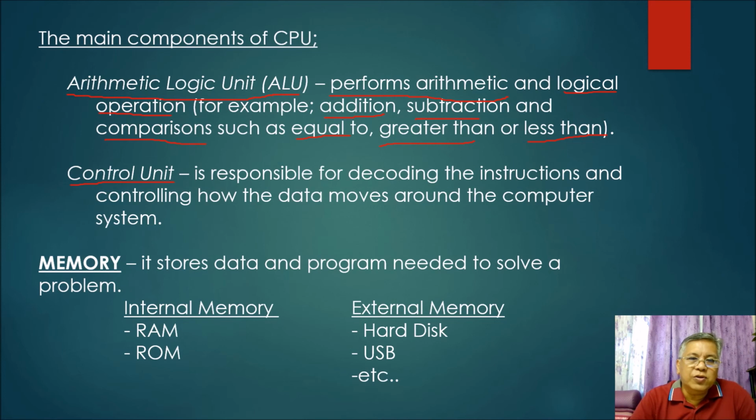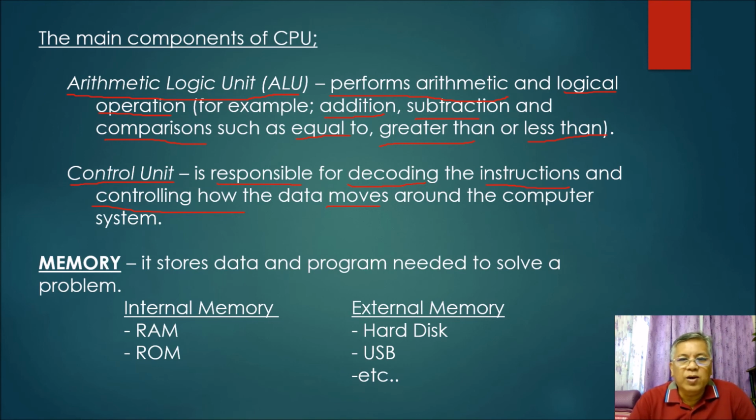How about your control unit? Control unit is responsible for decoding the instructions and controlling how the data moves around the computer system. In other words, your control unit is the one that controls the transmission of data from one area of your computer to another area of your computer.